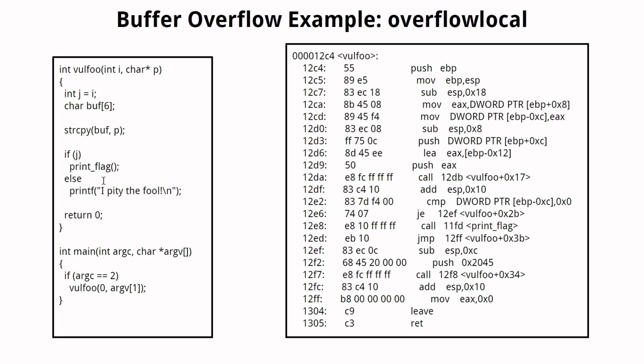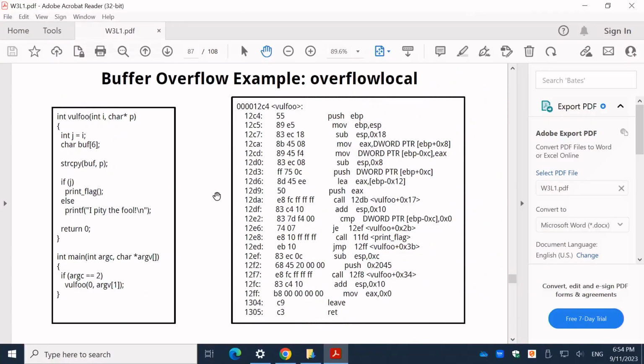Then the function returns. When we call the function valfoo, we actually set i as 0, as you can see. So at the beginning of this function, i will be assigned to j, so j will be 0. So if you just run this program and do not hack it, it will not take this path. It will take this path to print out IPT the full, right?